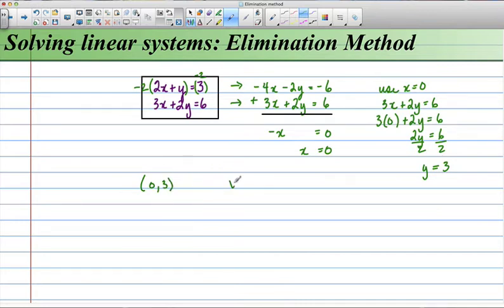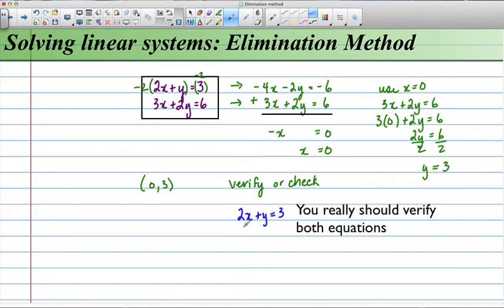Now we can verify or check that that point works by plugging into the original equation. So we'll use the other equation, 2x plus y equals 3. Let's check to see if an x value of 0 and a y value of 3 will work.